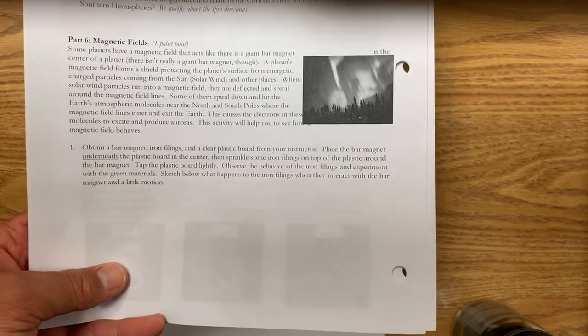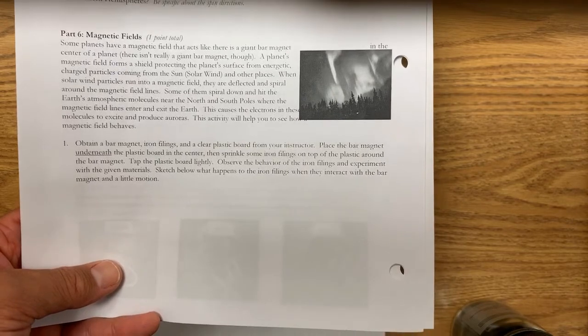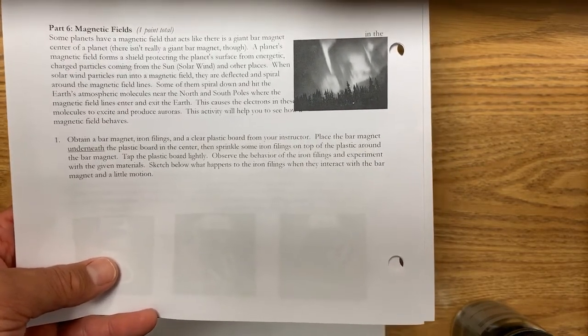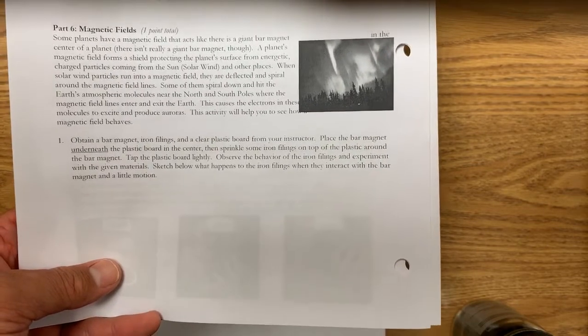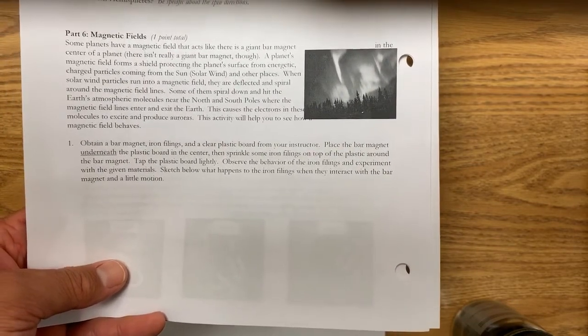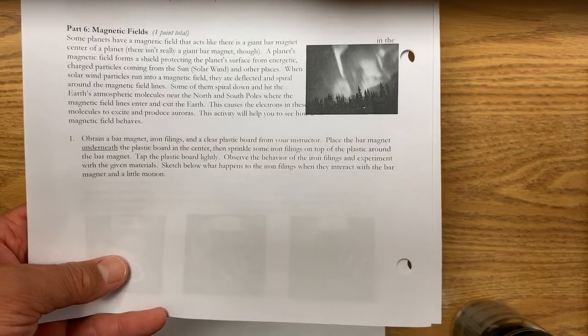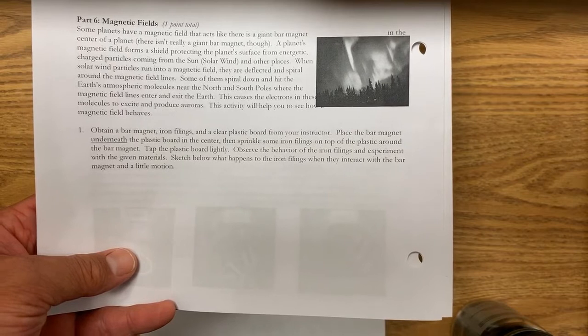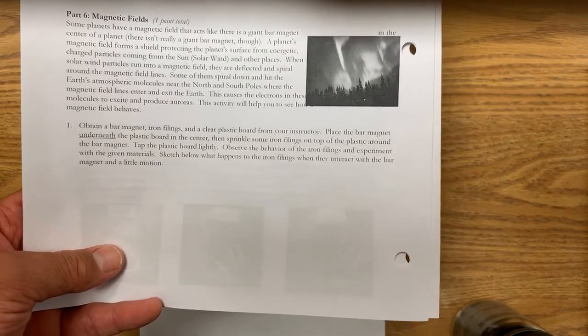To get an idea of how magnetic fields span out into space, they actually curve out away from a planet into space and generate magnetic field lines around the planet. When the sun's solar charged particles, the solar wind particles, come and hit that magnetic field, they get excited.